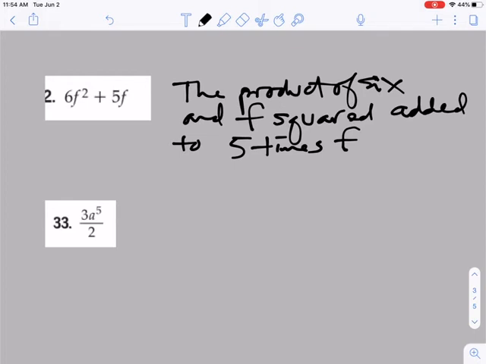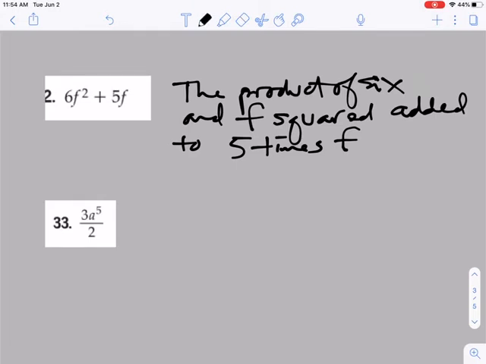Now the problem with saying added to 5 times f is this could also sound like 6f squared plus 5 and then times f, and that's not what it is. So that's why that product thing is kind of nice, and it makes it a little more clear.